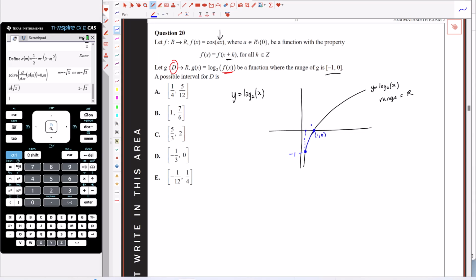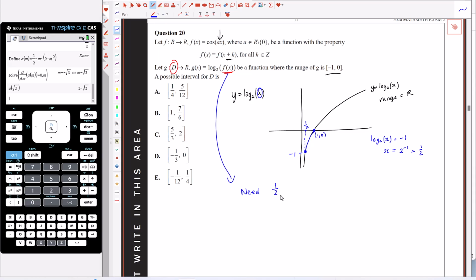If log 2 of x equals -1, that's x equals 2 to the power of -1, so that's half. So for a log base 2 function to have a range from -1 to 0, the thing inside it has to be between half and 1.